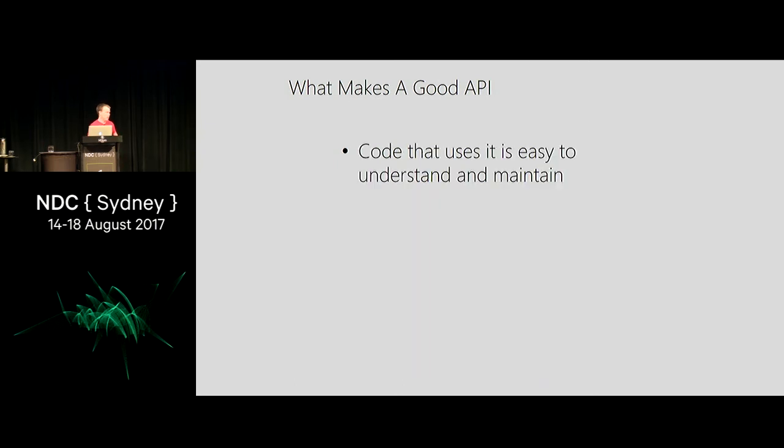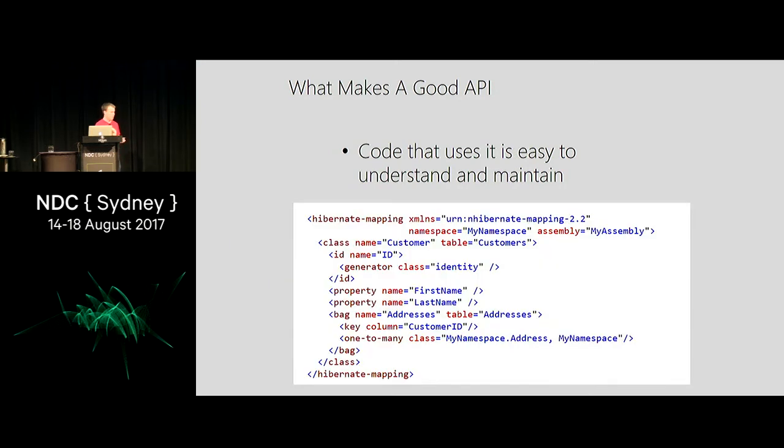Also, when you have an API, you want to encourage code that consumes it to be easy to understand and maintain. This is a slightly advanced topic, but an example that I came across back when I first started working with .NET is in Hibernate. Hibernate is another copy from Java.